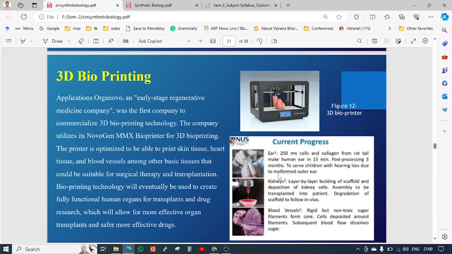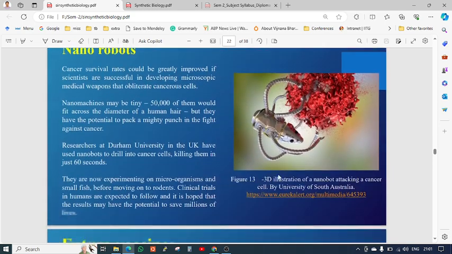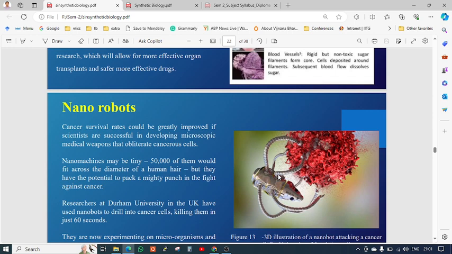Likewise, nowadays we use printing for photos, and if you have a design, we go for 3D block printing. But 3D bioprinting is a very advanced technique with the help of synthetic biology. If you need some organ or body part, just print it and fix it.